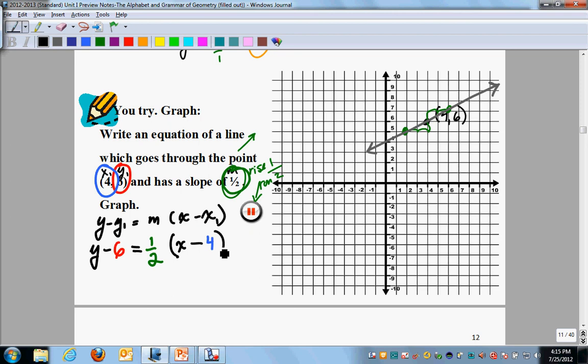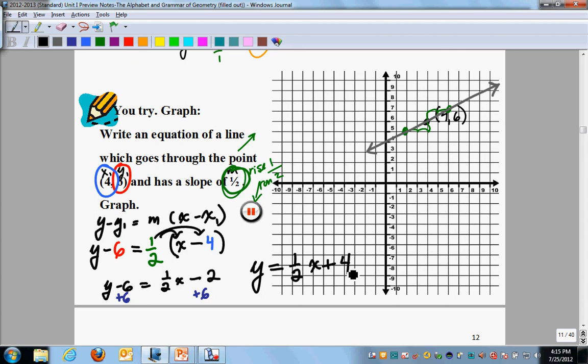So now we distribute, and we're going to end up with y minus 6 equals 1/2 x minus half of 4, which is 2. And now we're going to add 6 to both sides. And our final version is going to be y equals 1/2 x plus 4.